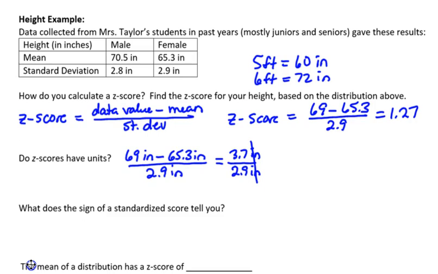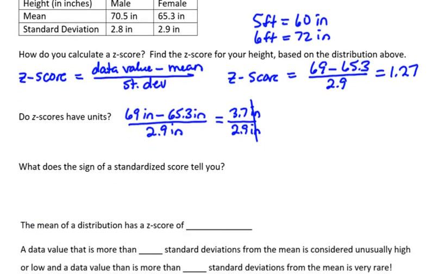So what does the sign tell you? Okay, so if we have a positive z-score, it means I'm above the mean, because notice my number here, 69, is bigger than the mean. If you take a number that's smaller than the mean and subtract the mean, you're going to get a negative standardized score, or a negative z-score. So negative means below the mean.